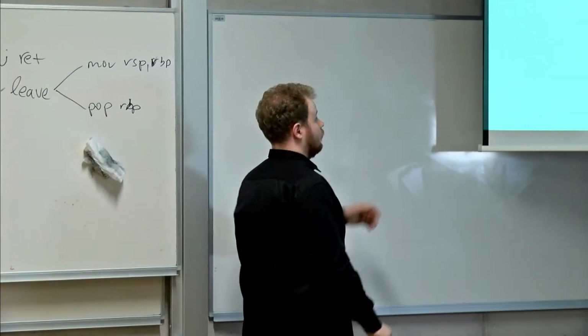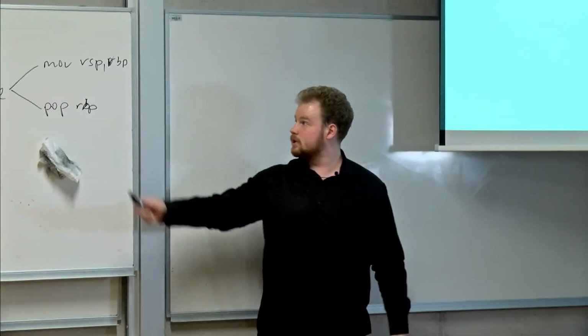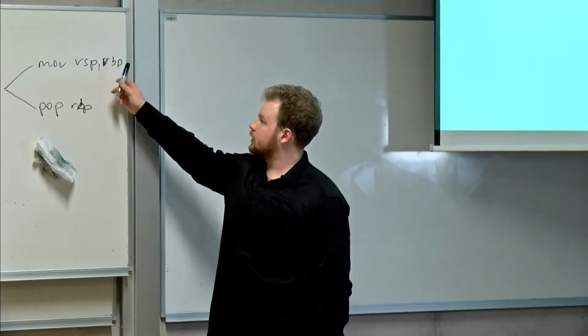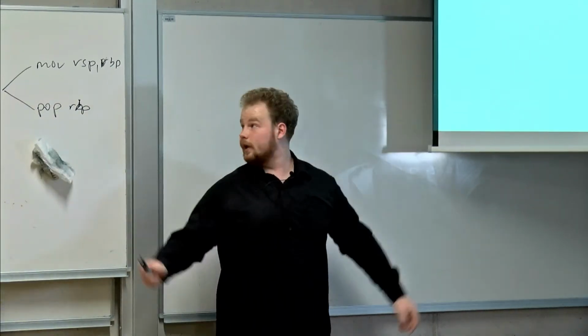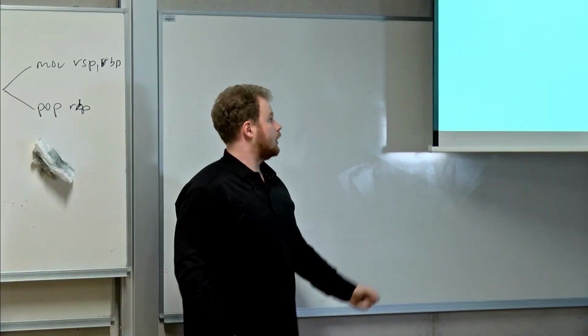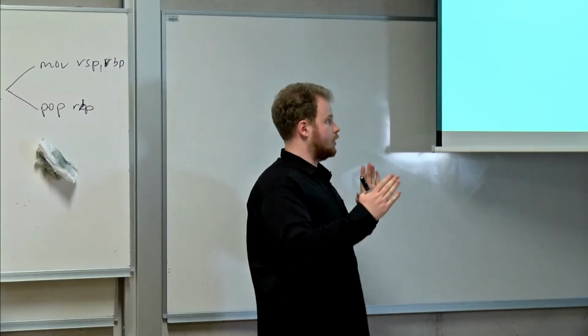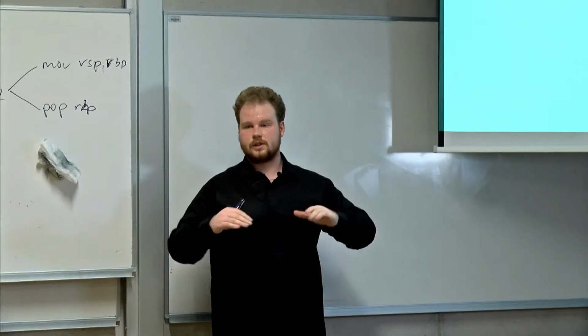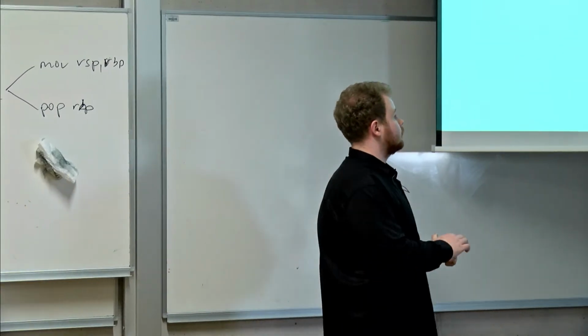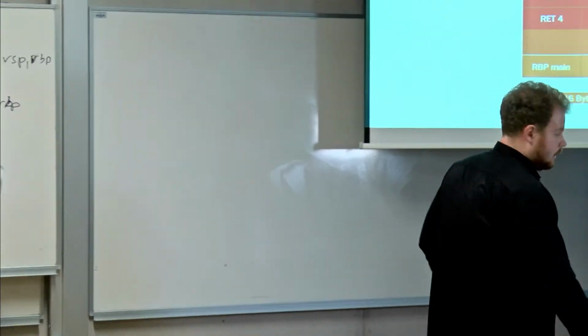The first one destroys the stack frame. Basically it moves the base pointer to the stack pointer, so the stack pointer drops. And then we have the pop RBP part, which pops the RBP of the previous function as the current base pointer, so the next function can use it.